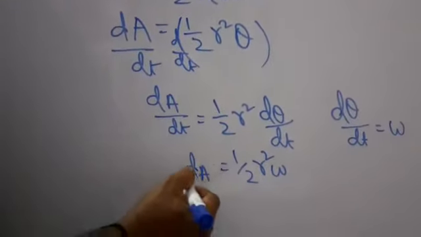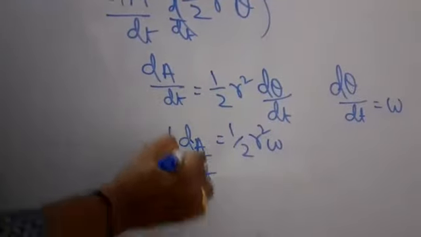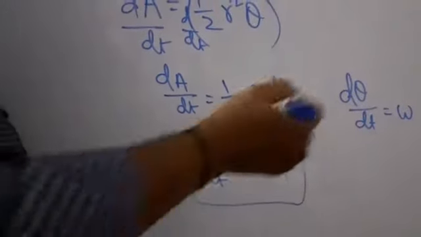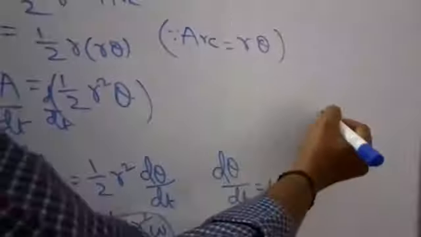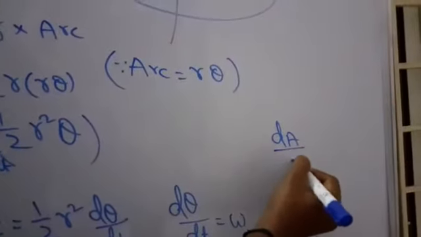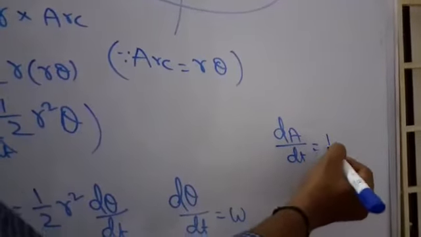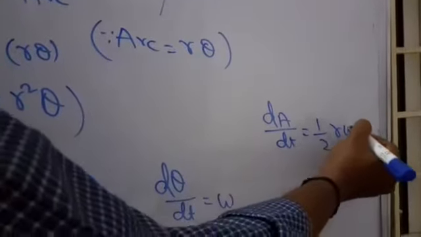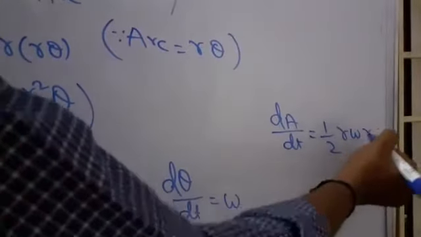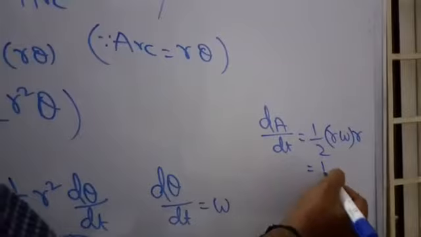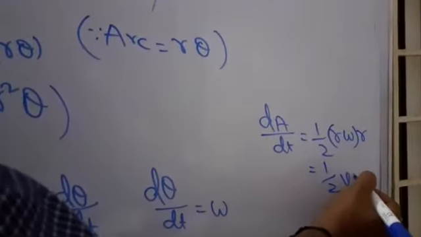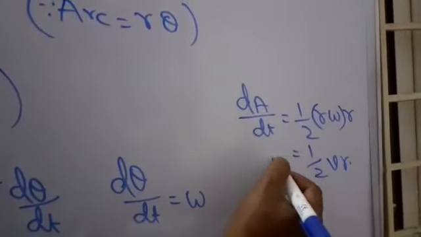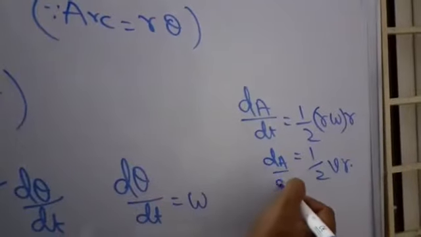Next, one more form of this areal velocity: dA by dt is equal to 1 by 2 into r omega into r, that is half into v into r.